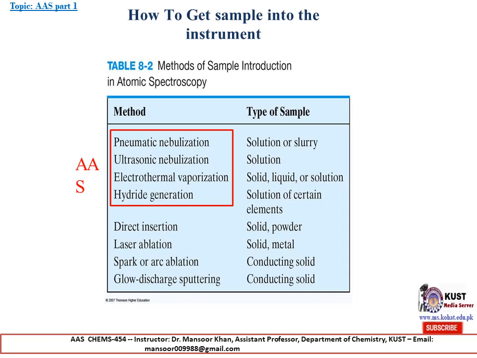The types of sample are solution or slurry, solution, solid, liquid or solution, solution of certain elements, solid powder, solid metal, and conducting solid, used respectively for the respective methods. But in atomic absorption spectroscopy, nebulization methods, which include pneumatic nebulization, ultrasonic nebulization, electrothermal vaporization, and hydride generation, are mostly used by scientists.